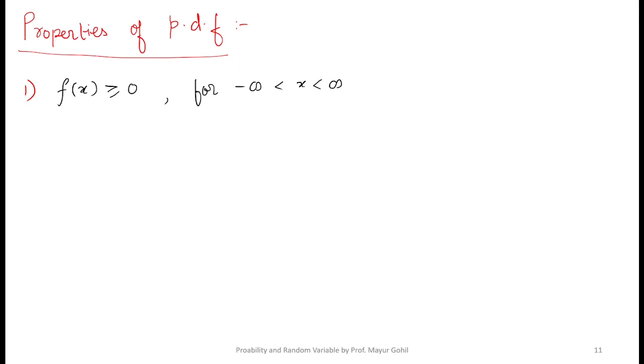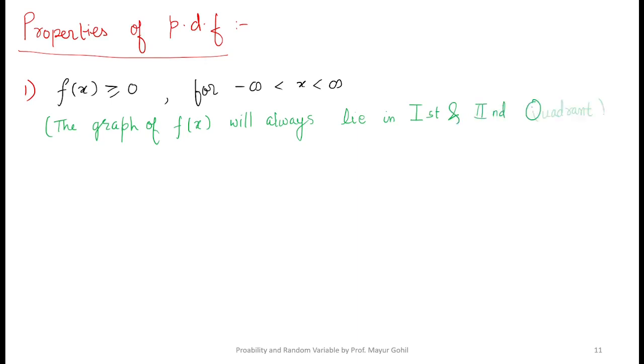Now this also means, and it is one very important thing to be understood here, that the graph of f(x) will always lie in the first and second quadrant. This is one important thing.